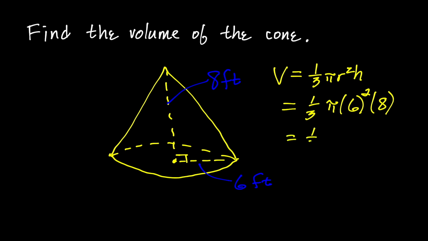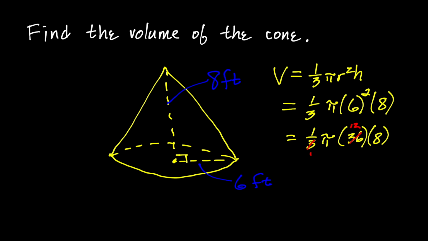So one by one, we can simplify this. 6 times 6 is 36 times 8. With some quick mental arithmetic, 3 goes into 36 12 times, and 12 times 8 is 96.